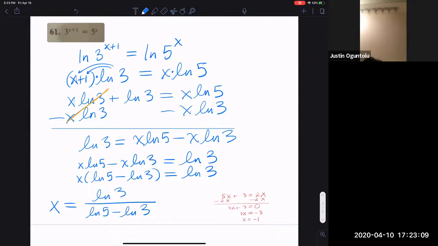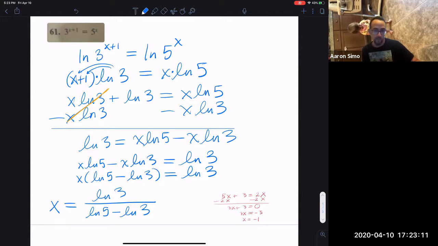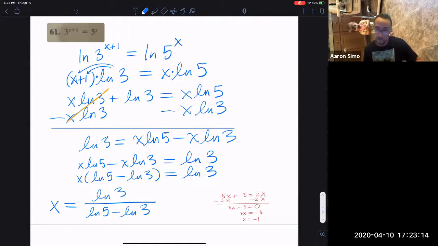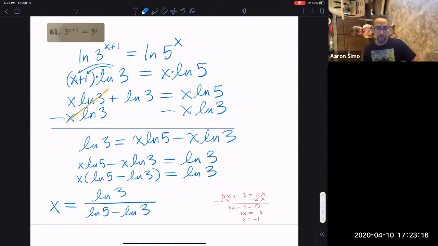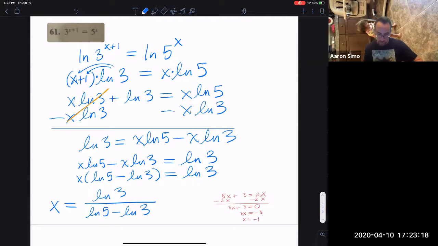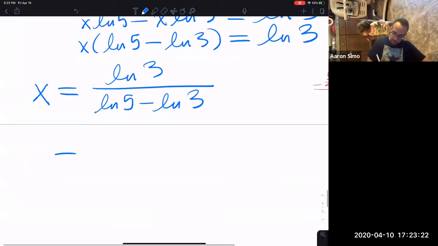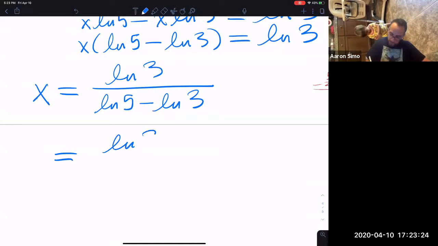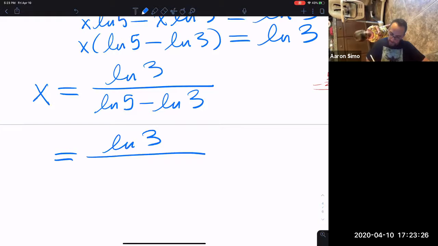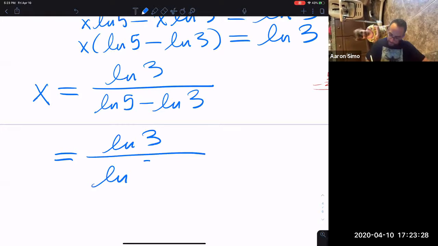So just practice this question again over and over. I'd recommend redoing it a couple times so that you memorize it. Also, one little thing I wanted to mention is that you can rewrite this as ln of 3 divided by ln of 5/3.